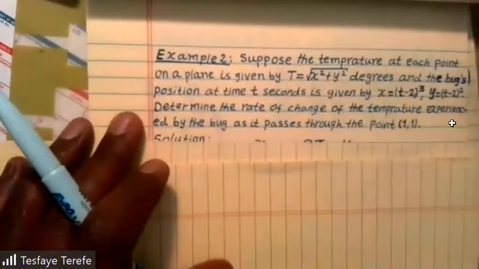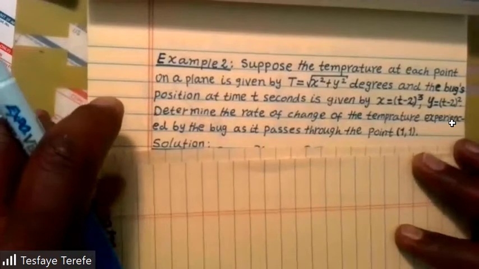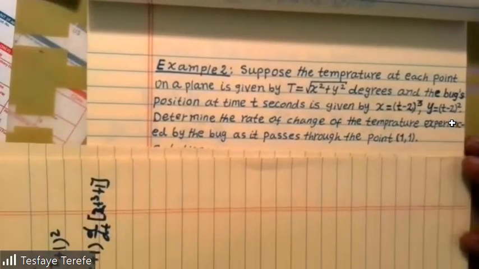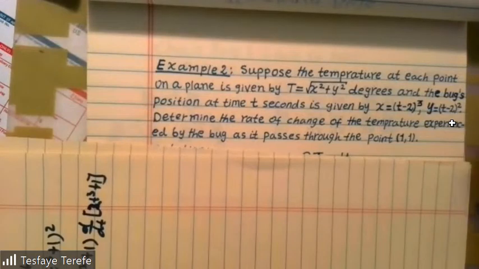Okay, well, let us see one application of chain rule, and that is this. Suppose the temperature at each point on a plane is given by T as a function of x and y is square root of x squared plus y squared degrees, and the bug's position at any time t seconds is given by x equals the quantity t minus 2 cubed and y equals the quantity t minus 2 squared.